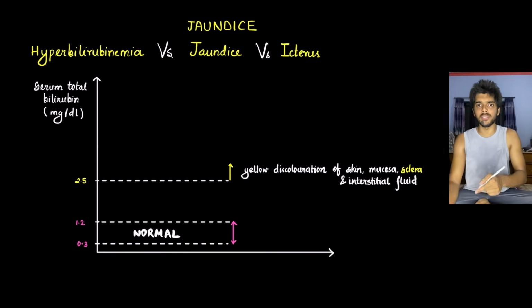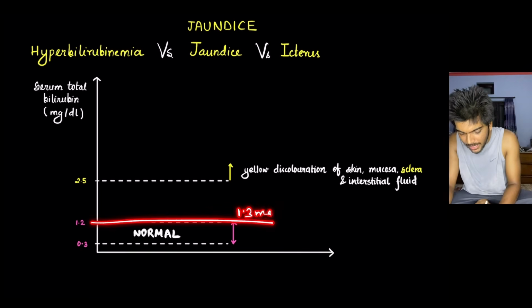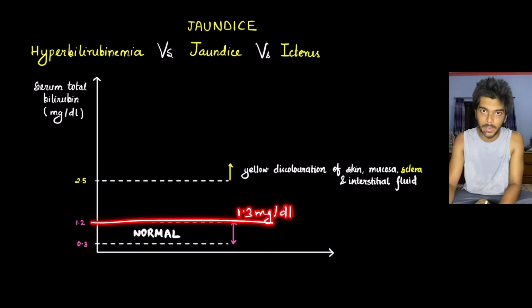So what is jaundice? See, the level of bilirubin is greater than the upper limit, 1.3 milligram per deciliter, greater than 1.2 milligram per deciliter. So the patient has hyperbilirubinemia. Now, let's say the pathological defect causing hyperbilirubinemia in that patient is not being taken care of.